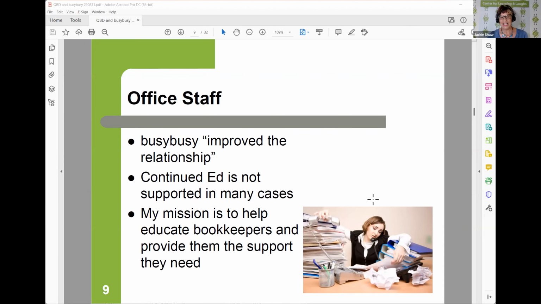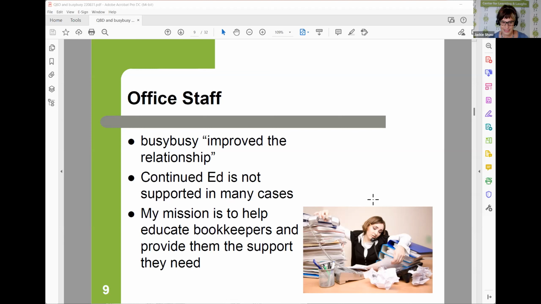I love this. Right on the BusyBusy homepage, or maybe it's the about page, it says BusyBusy improved the relationship between the office staff and the field staff. I know there's a lot of bookkeepers and office managers with me today because I saw your names.